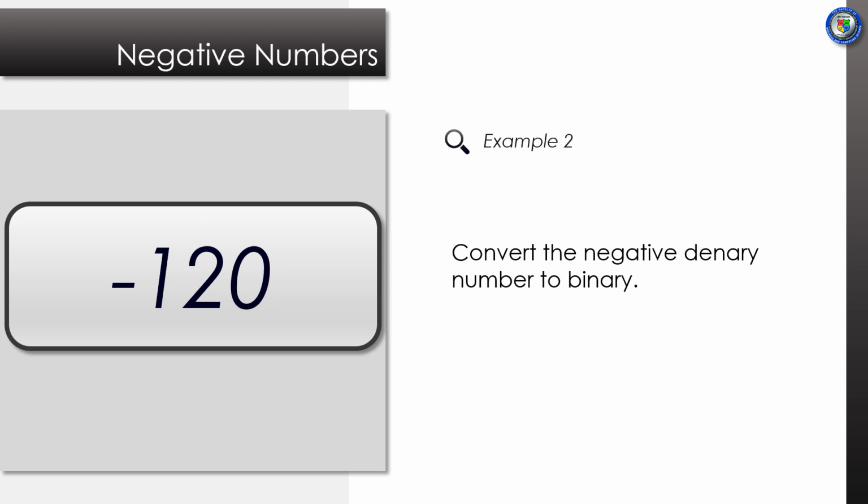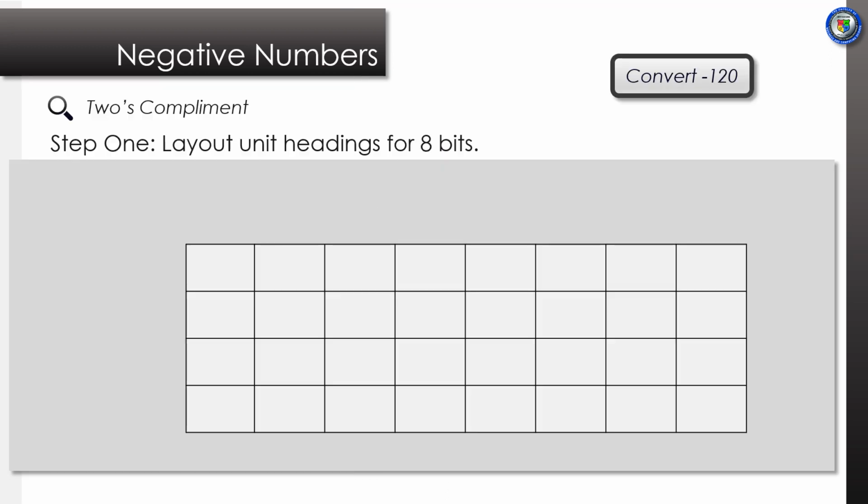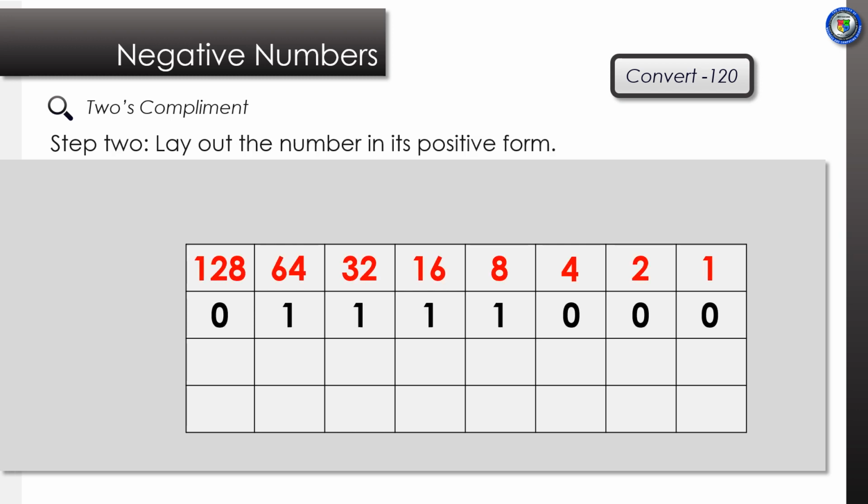In our second example, we will convert the negative number negative 120 to binary. Step 1 will again be to lay out our unit headings for 8 bits. Step 2 will lead us to lay out our negative number in its positive form.